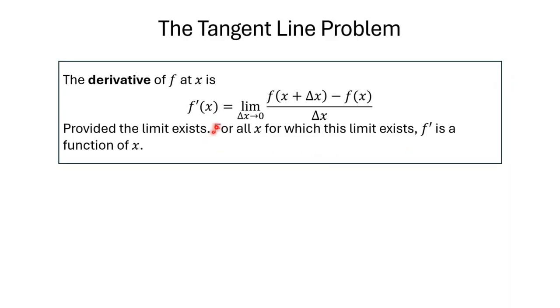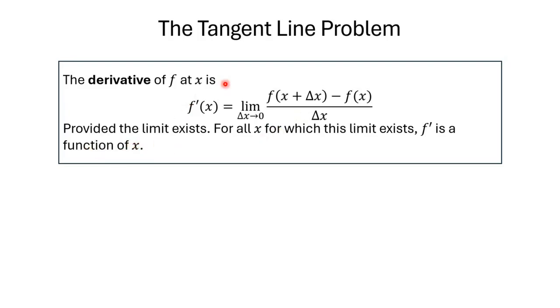So this is pretty much the same definition, except that c, which is a constant, specific x value, is replaced with the variable x. So when we do this, the expression we get is not just going to be a number, it's going to be a function of x.